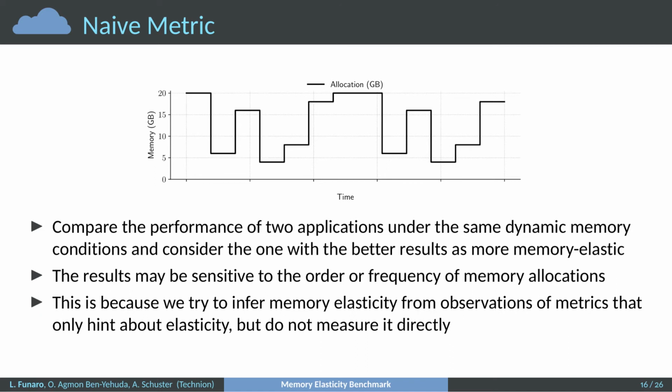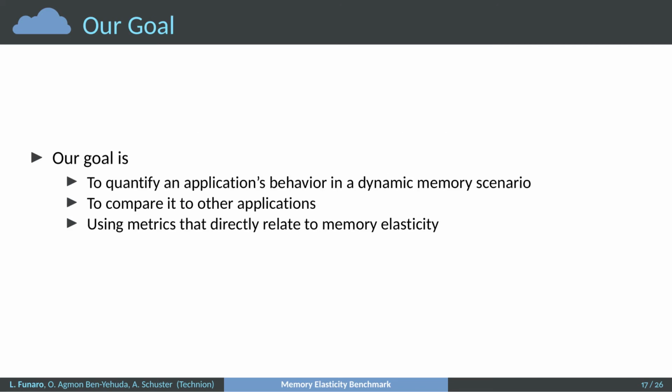This is because we try to infer memory elasticity from observation of metrics that only hint about elasticity, but do not measure it directly. So, our goal is to quantify applications' behavior in dynamic memory scenarios using metrics that directly relate to memory elasticity and are comparable between different applications.